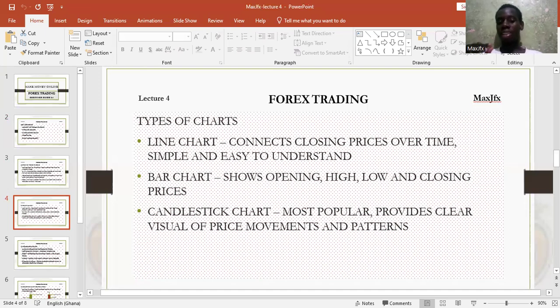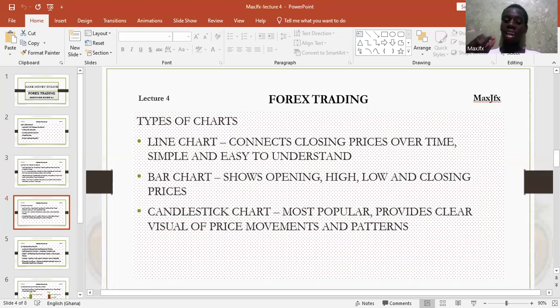The bar chart shows the opening, high, low, and closing prices. The candlestick also does that, but it does more, because the candlestick also uses the body of the candle to tell us more information about what's happening in the market. So it provides clear visual price movements and patterns. And the candlestick being the most popular means that what you see, others also see.